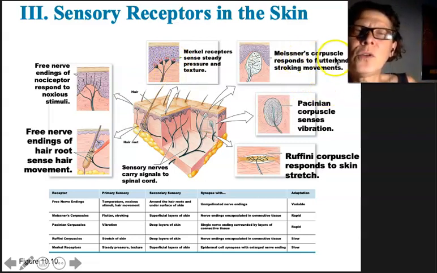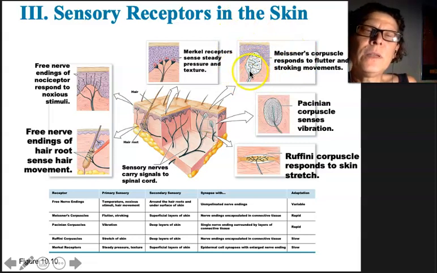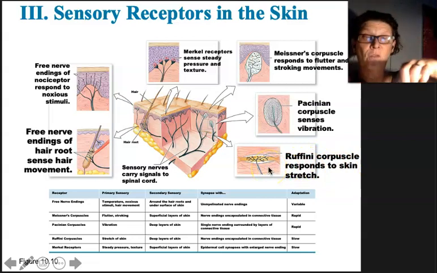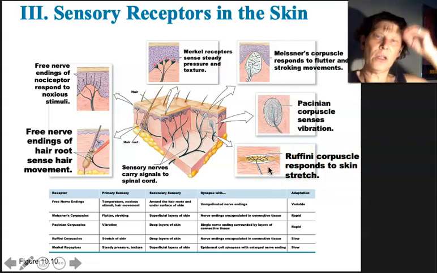You have Meissner corpuscle that responds to a flutter, stroking movement, and they're located in the dermis. You have the Pacinian corpuscles that sense vibration. They're a little bit deeper in the dermis, and the Ruffini corpuscles that respond to stretch. And then stretch, of course, is also a deeper type of touch.